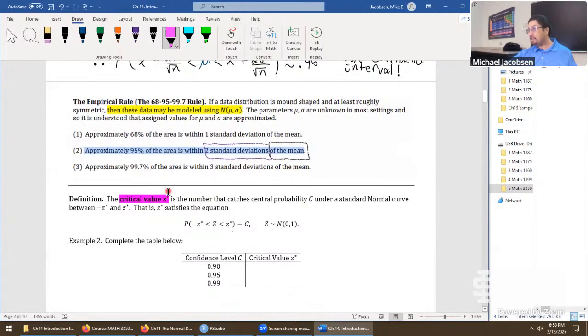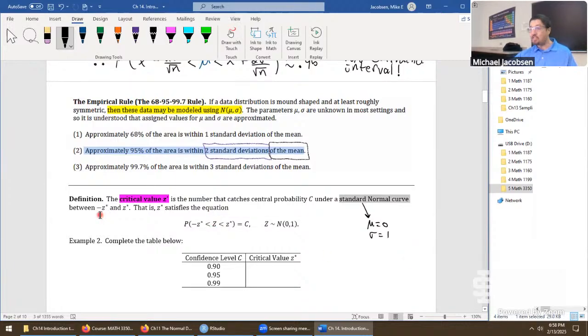So we say here, Z star is the number that catches that word again, central probability C, under a standard normal curve. By standard normal curve, what we're mentioning is mu is 0, sigma equals 1. We just want to count standard deviations for any kind of normal curve. But it turns out you can just do it on the standard normal curve by calculating a z-score.